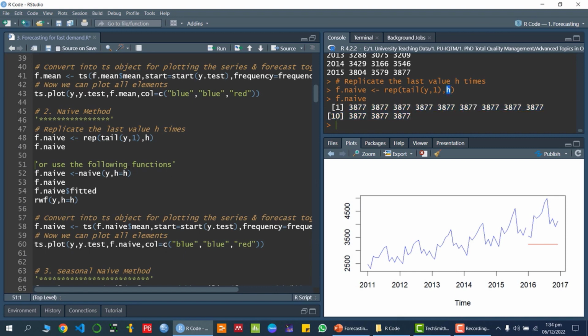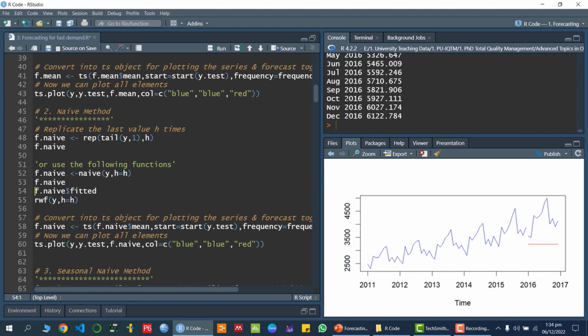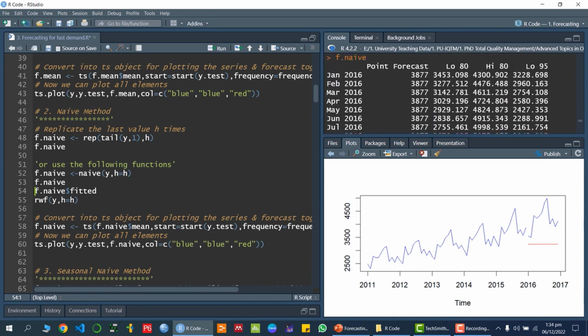There is another way that we can use. We have the naive function, and I am passing the original value and showing that the forecast horizon is equal to h, which is 12. Let me run this command. We are going to get the forecasted values as well as the 80% confidence intervals with the help of this function.